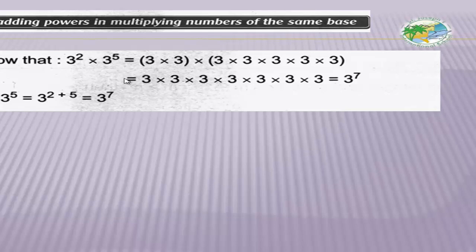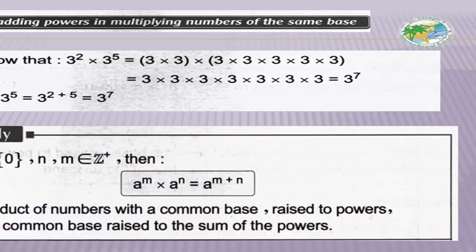If we multiply all the numbers, we count how many 3s we have, so it's 3 power 7. But there is a better way. If we multiply the same base, we can add the powers, so 2 plus 5 equals 7, then equals 3 power 7.